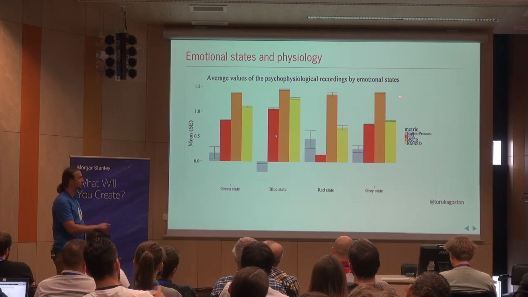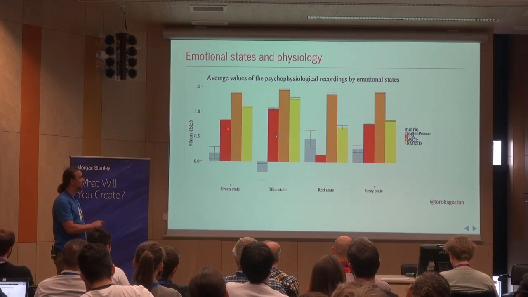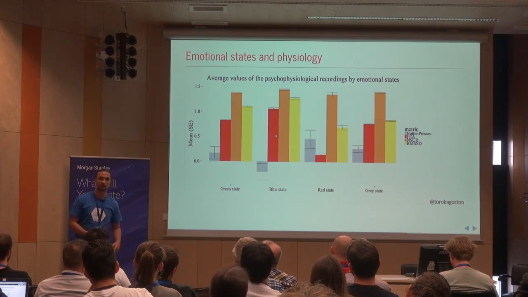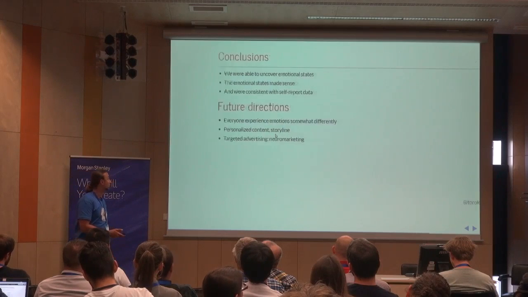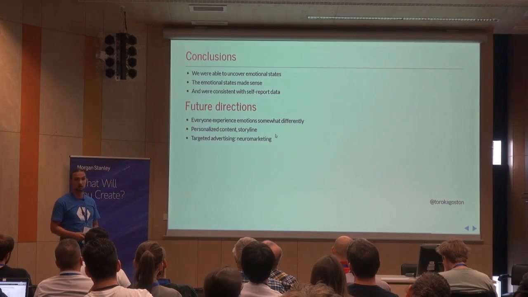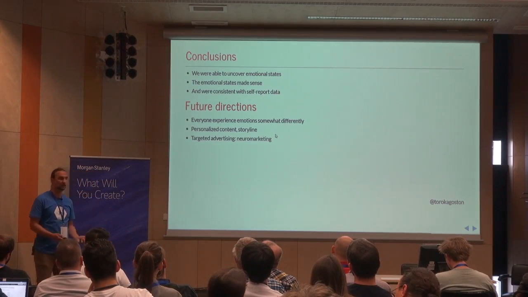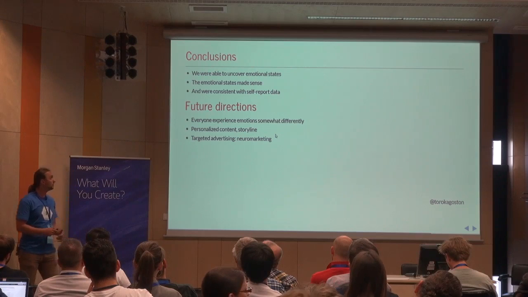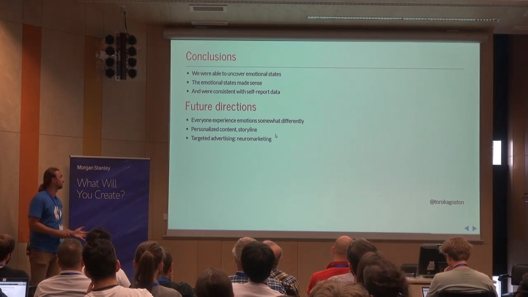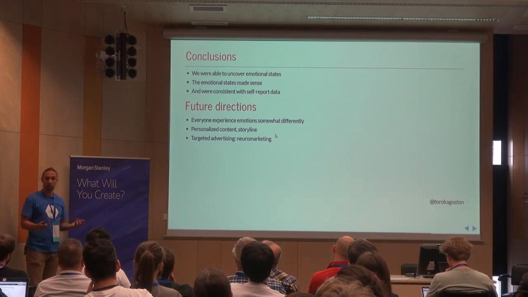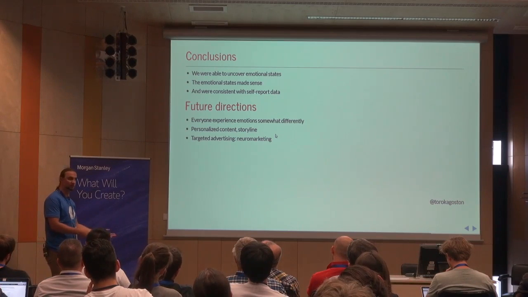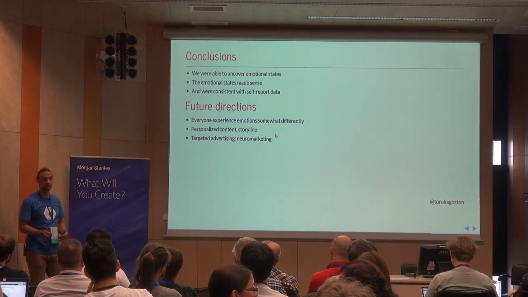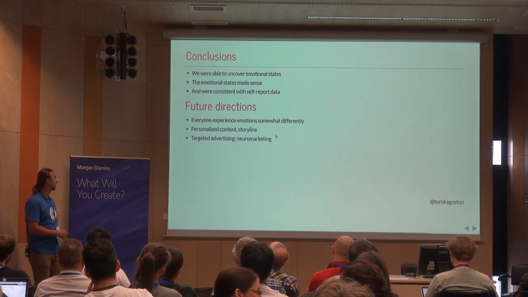And you can see also that both the means and the standard deviations were different for the emotional states. So, in conclusion, we can say safely that we were able to uncover certain emotional states, and these emotional states made some sense. And what is even better, the unsupervised method made a good consistency with the self-reported data based on the button presses.